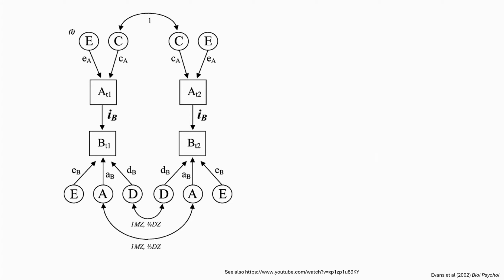Note that in this example, trait A and trait B are influenced by quite different sources of variation. Trait A is caused by common environmental factors and the unique environment. In contrast, trait B is caused by additive genetic factors, dominance genetic factors, and the unique environment. I've deliberately chosen this unusual situation to facilitate explication of the model, as we'll see in a moment.